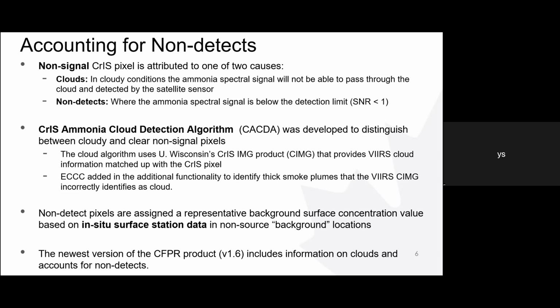For pixels that are identified as a non-detect, we assign them representative background surface concentration values based on in situ surface station data in non-source regions. With the usage of this algorithm, the newest version of the CFPR product now includes information on clouds and accounts for non-detects.